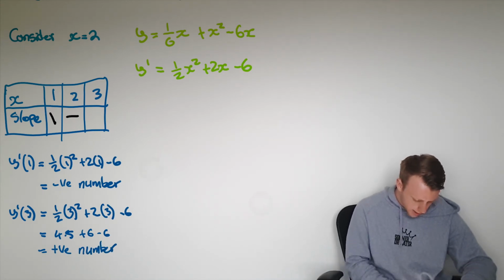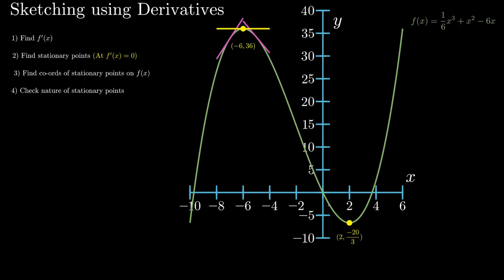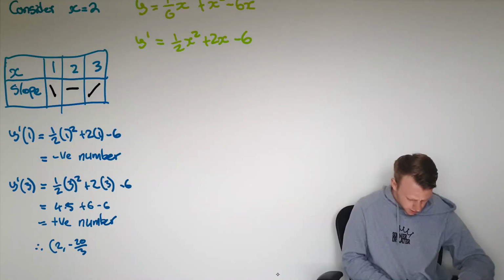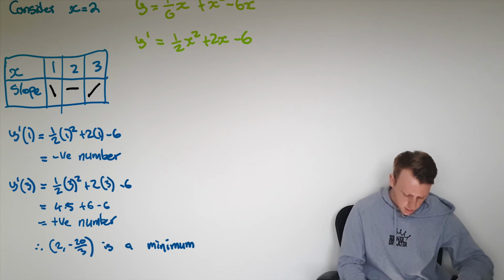And that would imply that the gradient is increasing. So I was decreasing, then flat, then increasing. Therefore, this point here, so therefore 2 and it was negative 20 on 3, is a minimum. It is a minimum point.